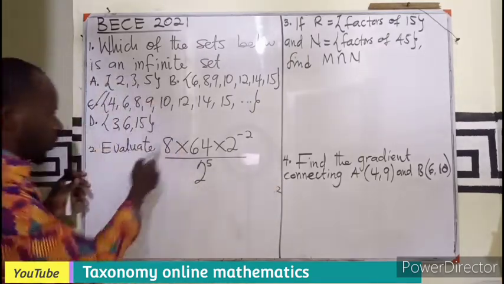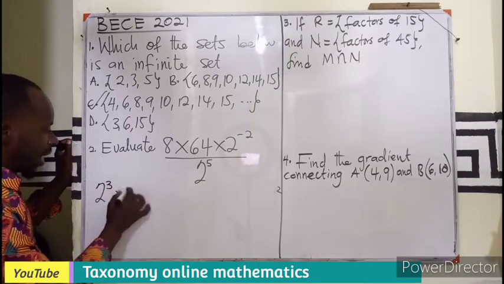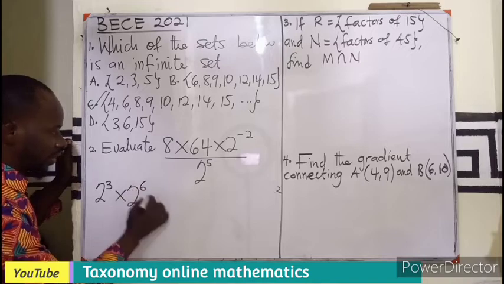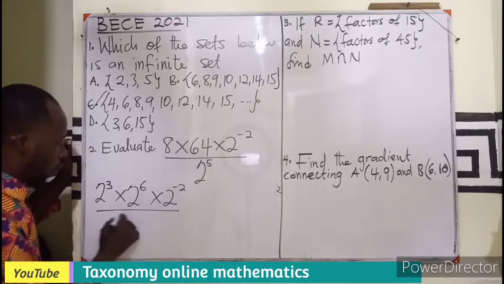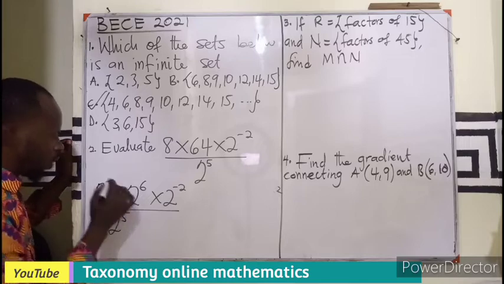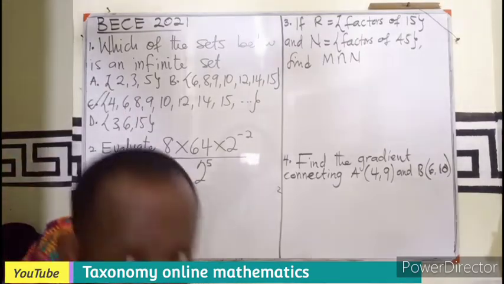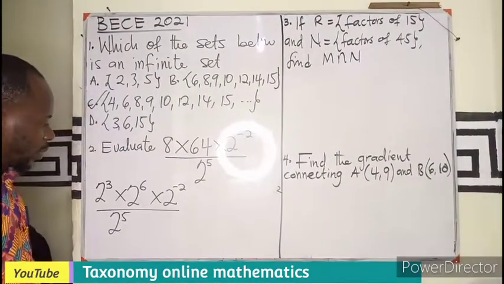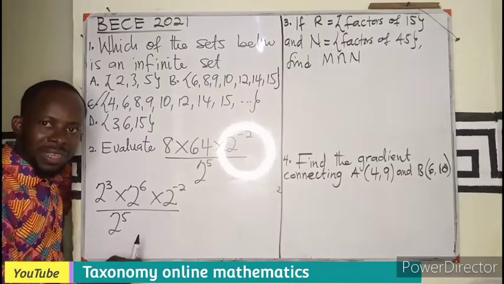So let's go. This is going to be 2 exponent 3 times 2 exponent 6 times our original 2 exponent minus 2, all over 2 exponent 5. If that is out of the way, we can see that they all have the same base.